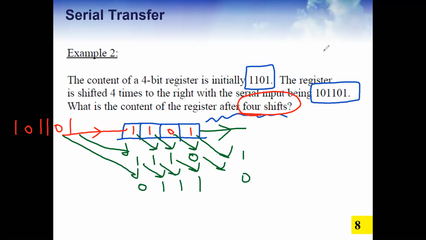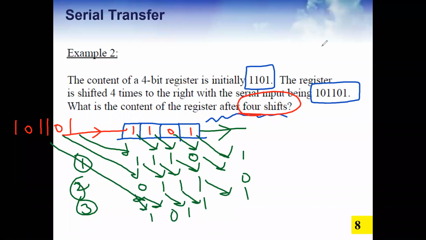This is the first clock, this is the second clock, now the third clock, third pulse. This one will go out, this one will be here, this one will be here, this 0 will be here, and the next value, which is 1, is going to be here. So after the third clock, the value is 1011.